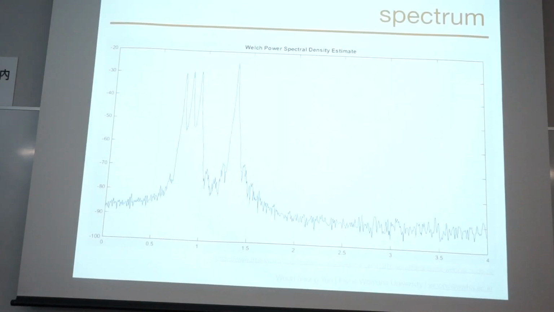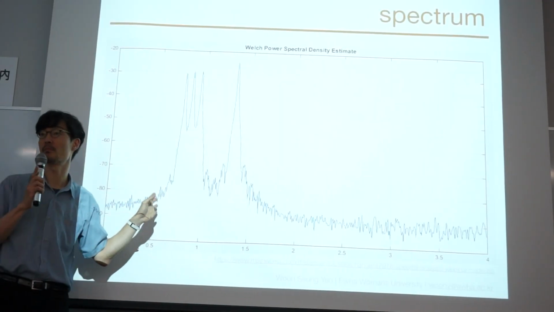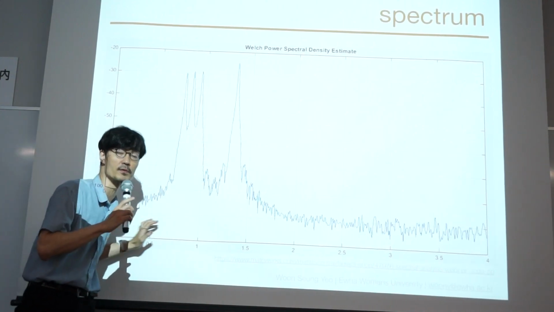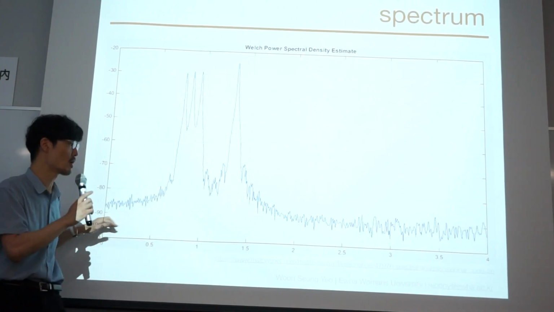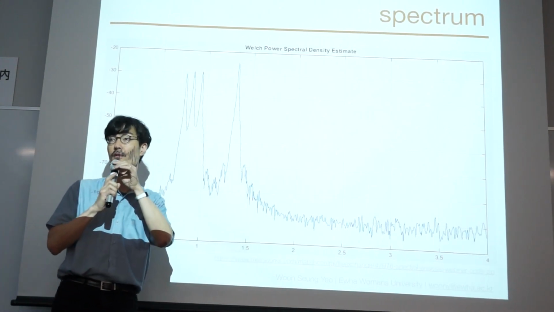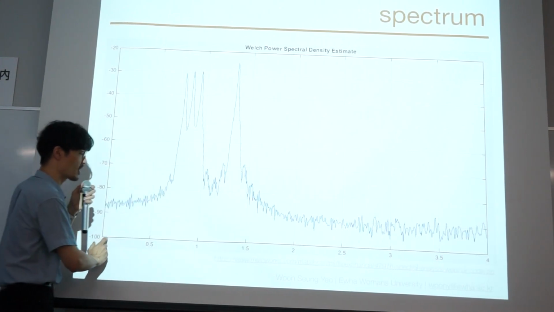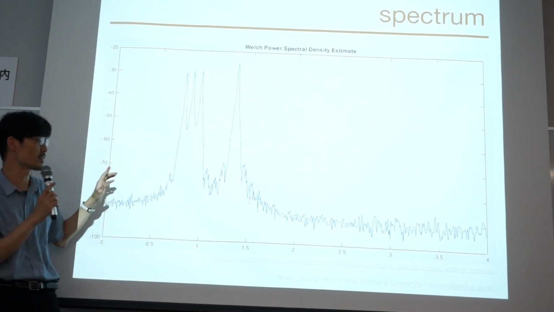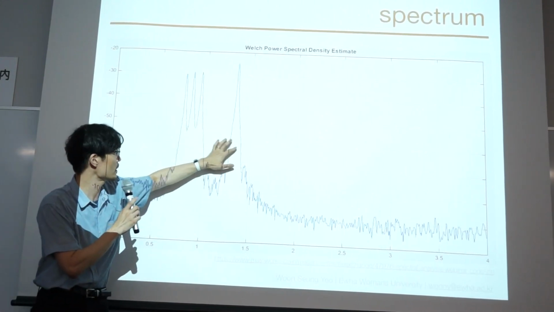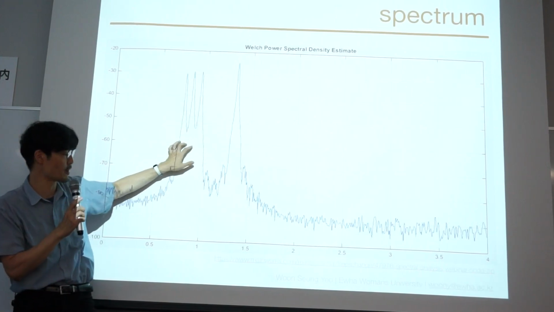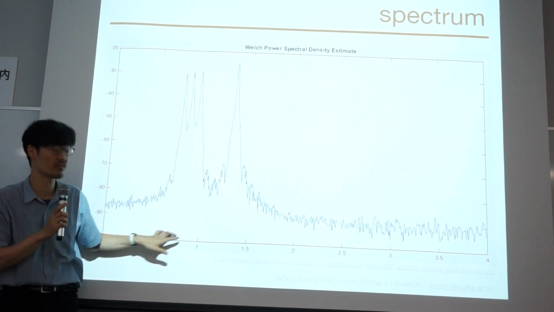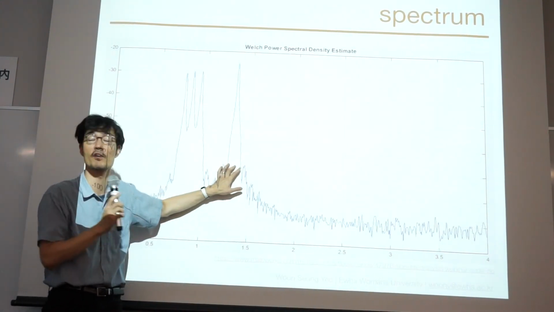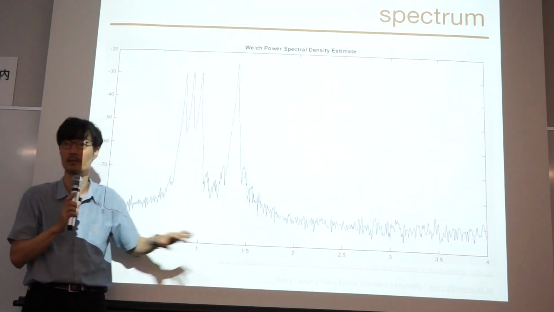And also another example would be spectrum, right? Spectrum means the distribution of energy over different frequencies, right? So in this case, we have this pattern, and we can instantly recognize that here we have a concentration of energy in this frequency band, right? And another concentration of energy in this frequency band.